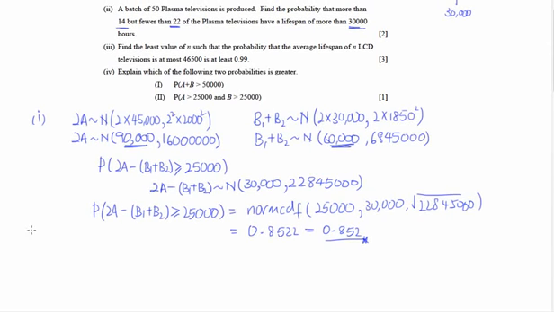Okay, so for part 2, we need to redefine our random variable. Since we haven't used X, that'll be a good idea. So let X be the number of plasma TVs having a lifespan of more than 30,000 hours.